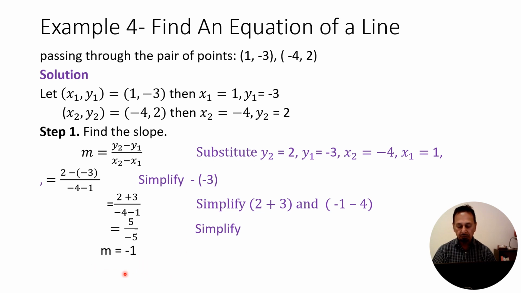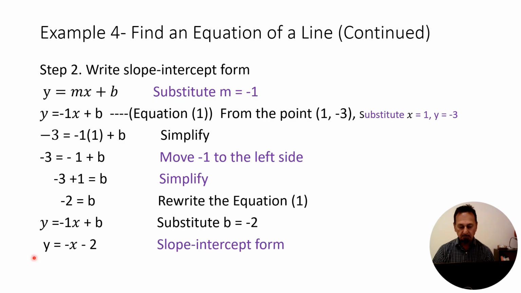Now we are going to use this slope and one of the points and write the equation of the line. So step 2, write the slope-intercept form y equals mx plus b. Now we substitute m equals -1. So this becomes y equals -1x plus b. Let's call this equation number 1.